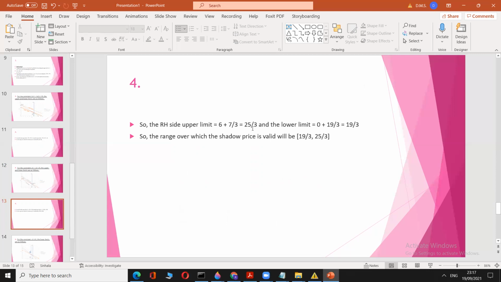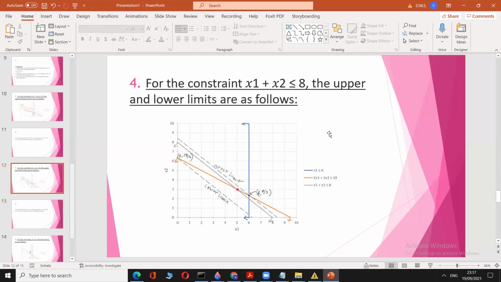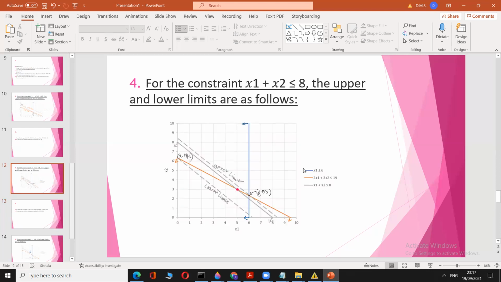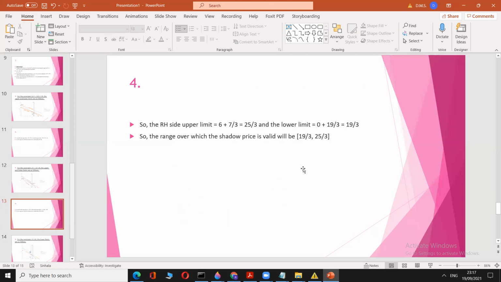You are getting the value as 25 over 3. And by substituting the other point, 0 comma 19 over 3, you get the lower limit as 19 over 3. So 19 over 3 and 25 over 3 are the lower and upper limits.